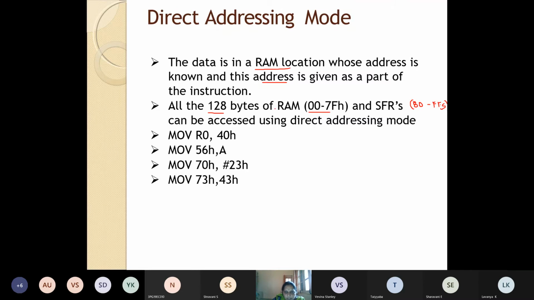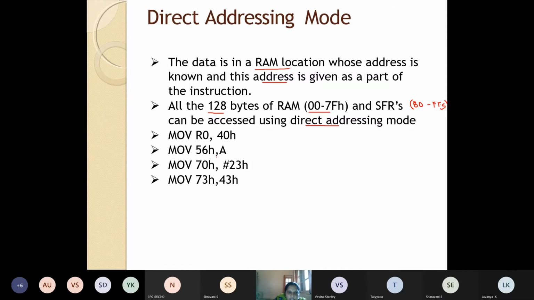All the 128 bytes of RAM and the SFRs can be accessed using the direct addressing mode, where I specify the address of the memory location directly in the instruction.